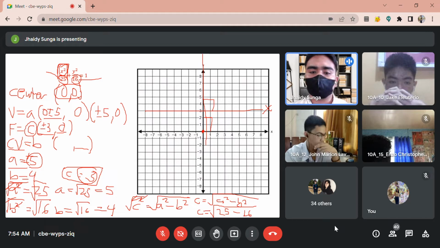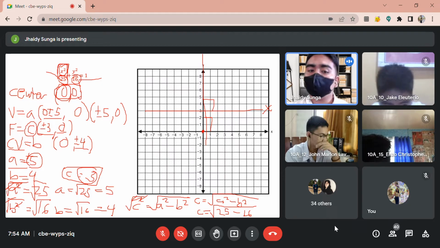So what is the value of B? That value is 4. So you are going to add 4 from the center. Why do we have even negative 4?